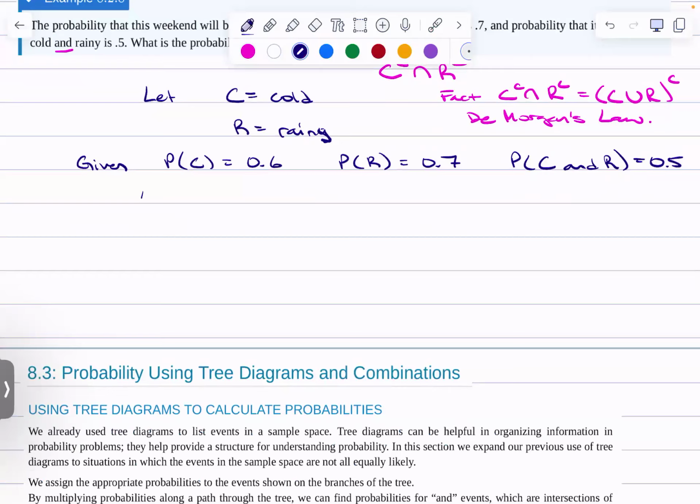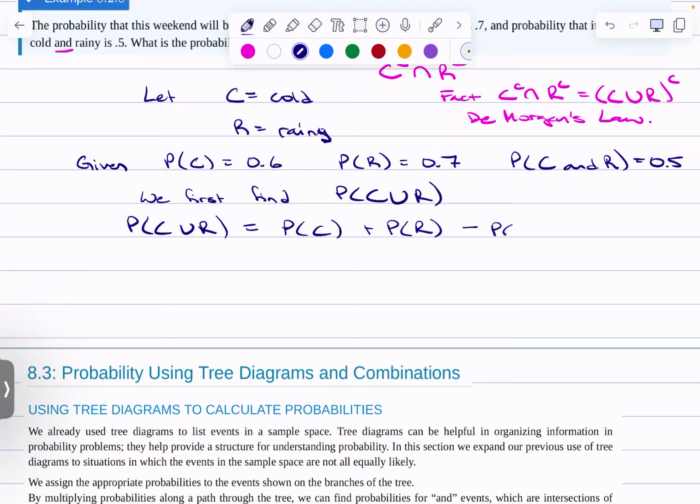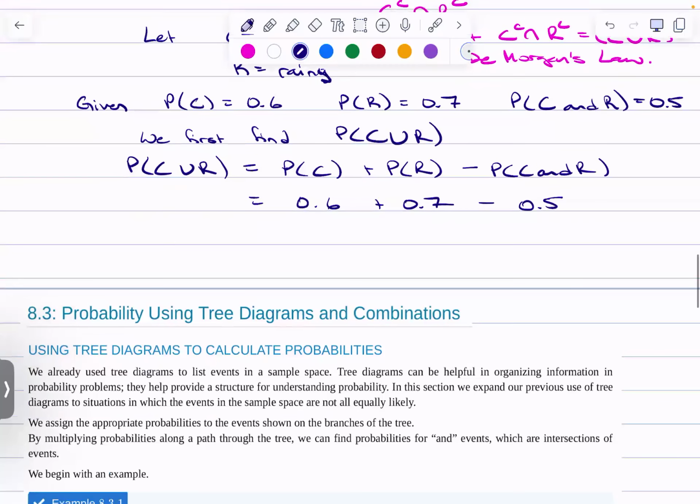So we first find the probability of C or R, which is the probability of C plus the probability of R minus the probability of C and R, which is 0.6 plus 0.7 minus 0.5, 0.8.